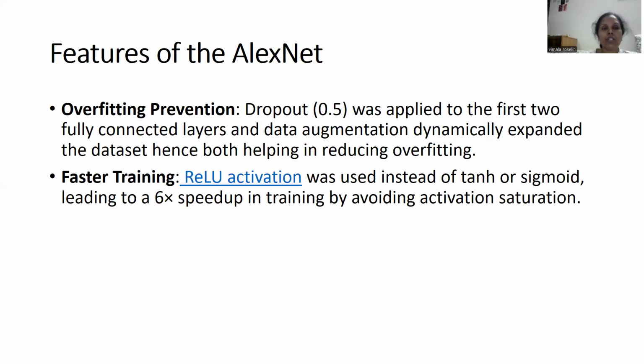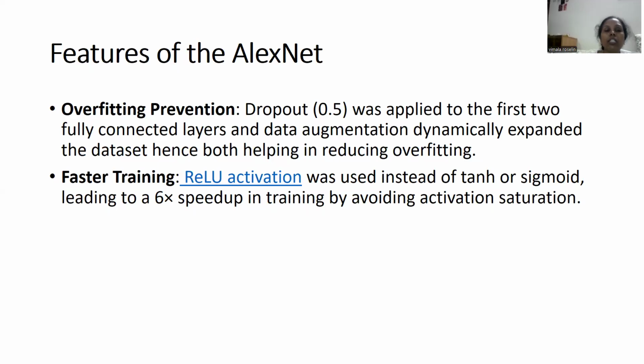Key features: the first feature is overfitting prevention. Dropout is applied to the first two fully connected layers, and data augmentation dynamically expands the dataset, both helping in reducing overfitting. Next, fast training. Why is it fast? Because we are using the ReLU activation function instead of tanh or sigmoid.